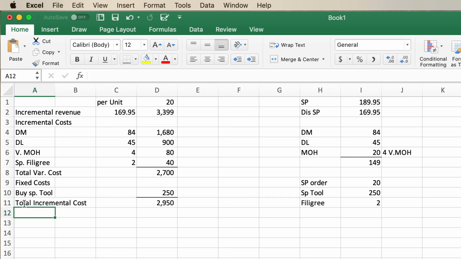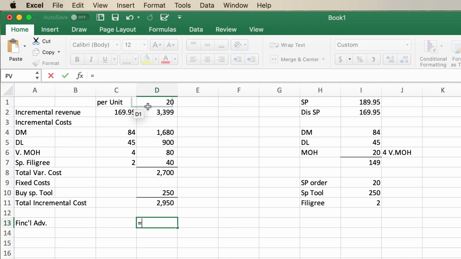Well, we need to find out, is there a financial advantage of accepting the special order, or is there a financial disadvantage? Well, that's easy. In order to determine if we should accept the special order, there is actually a financial advantage. How did I get that? Well, I compared the incremental revenue with the incremental costs. Very simple.